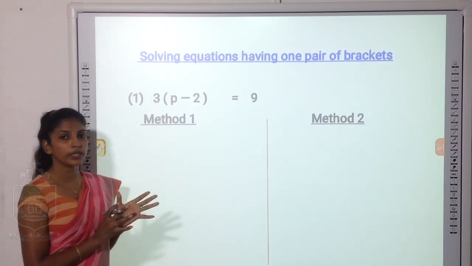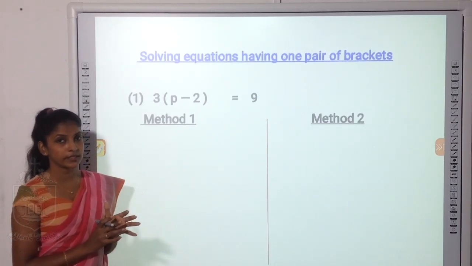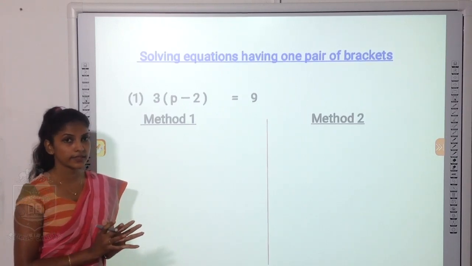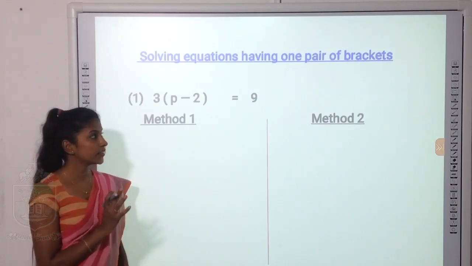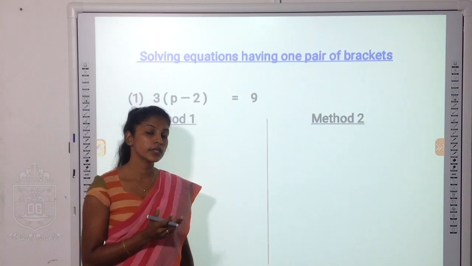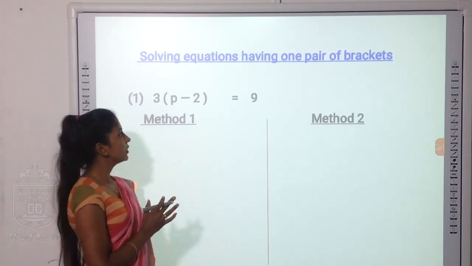Equations only containing these types of brackets. Okay, so let's see how we can solve these types of equations containing brackets. So in simplifying this, there are two ways of doing this. Okay, I'm going to show you both methods. So you all have to understand and look for the easiest method, and you can continue the calculations or simplifications according to the method that you select. So let's start.